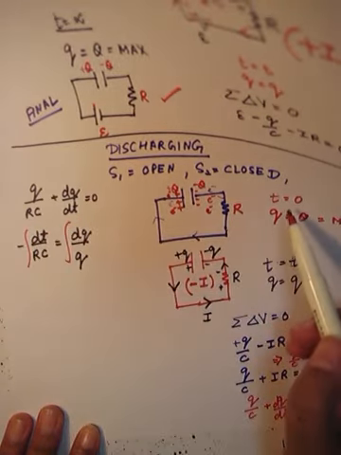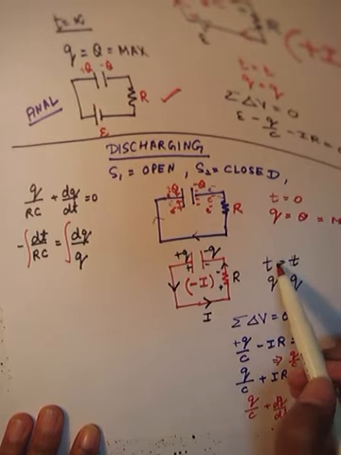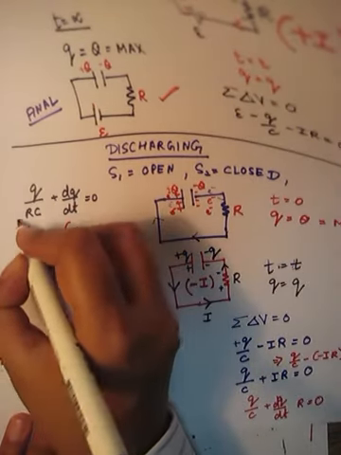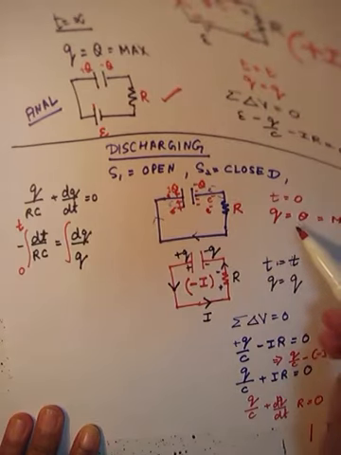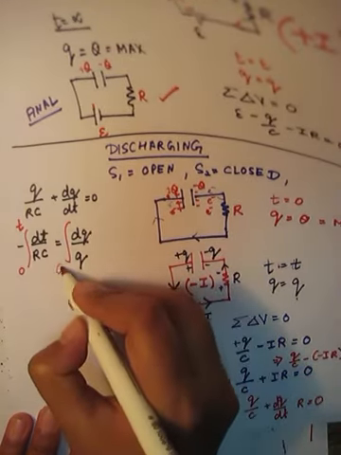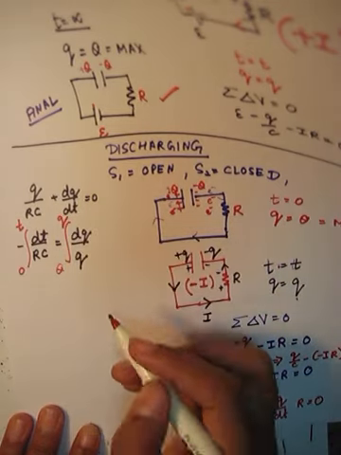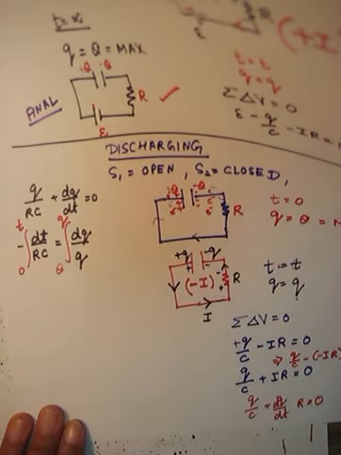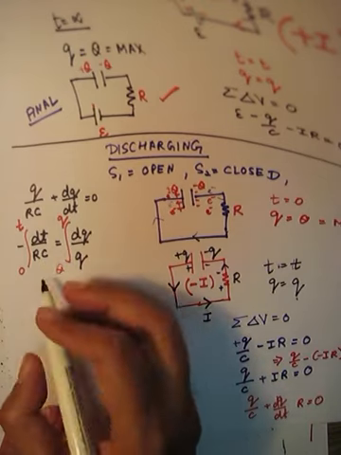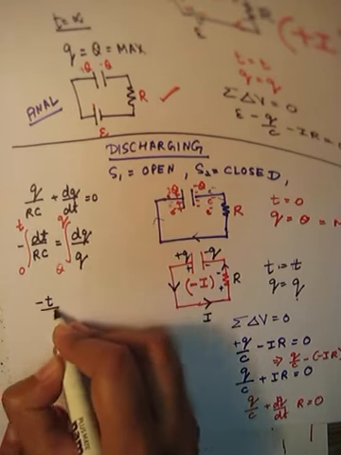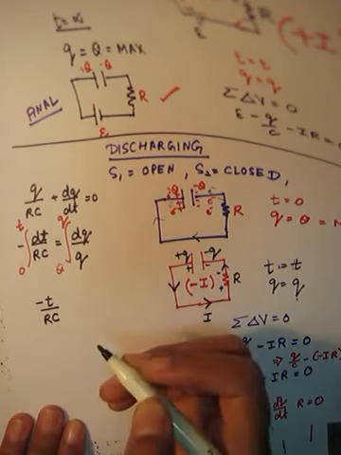Now time is changing from 0 to t, so 0 to t, and charge is changing from capital Q to small q, so it is capital Q to small q.